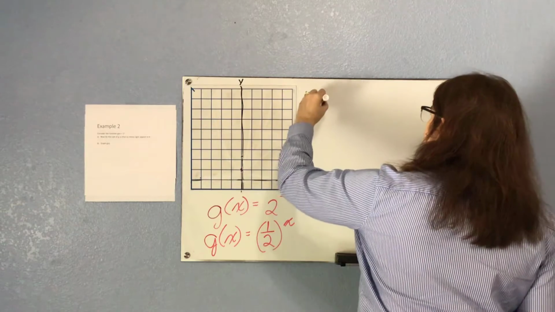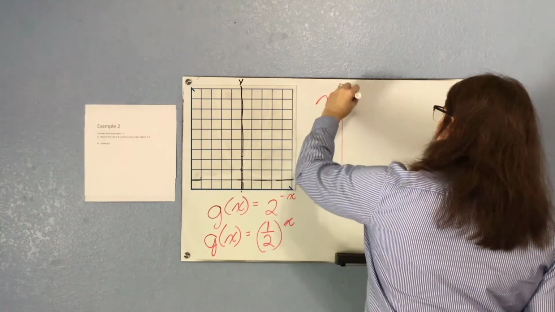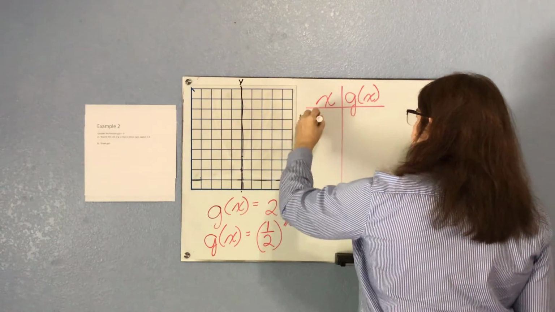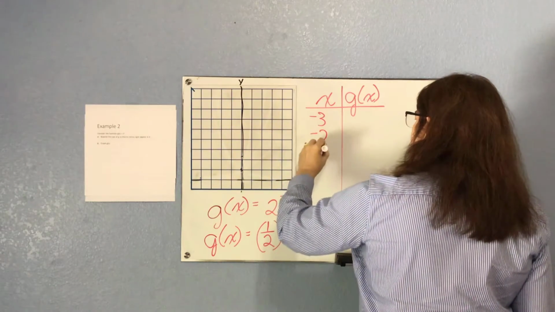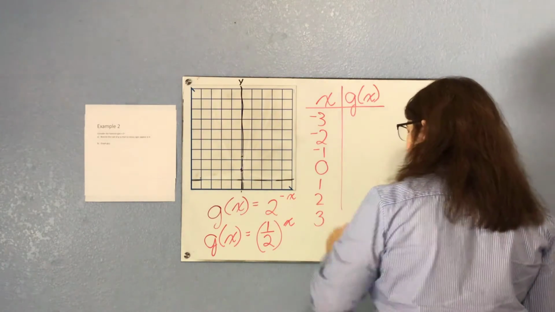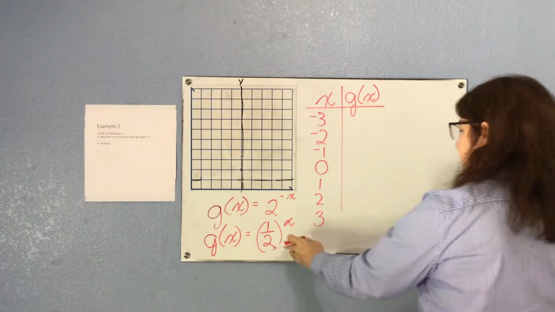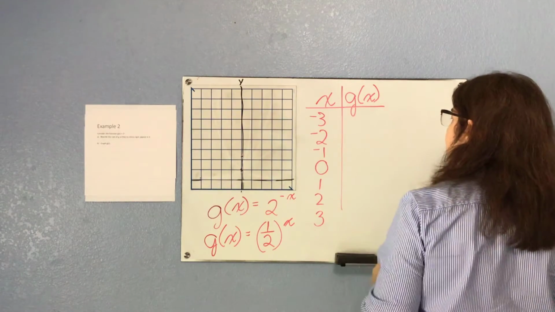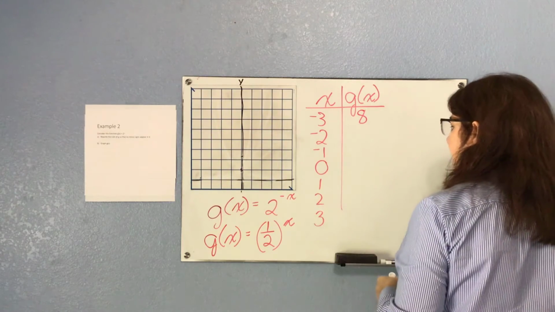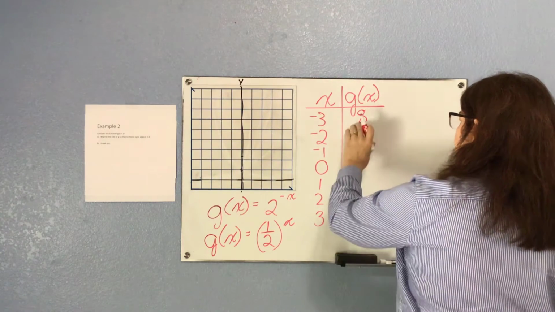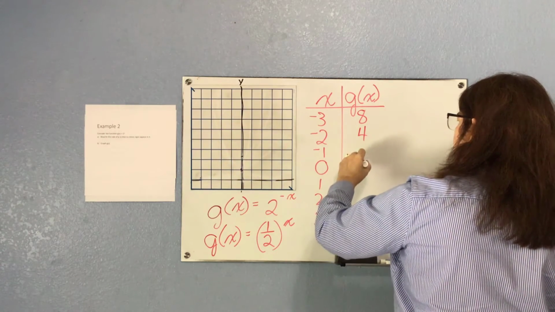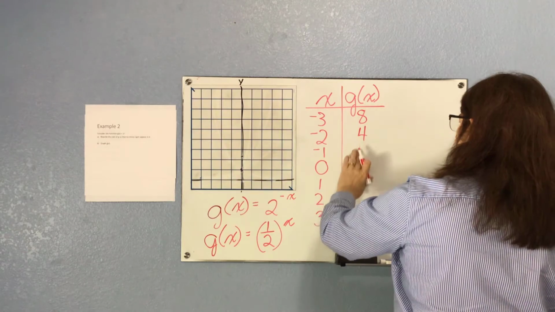And once again, we can make a table of values. And this time when I raise 1/2 to the negative 3 power, I'm taking the reciprocal again, so I'm back to 2, and it's 2 to the third, so 8, 4, 2.